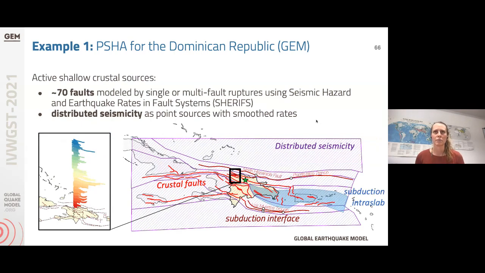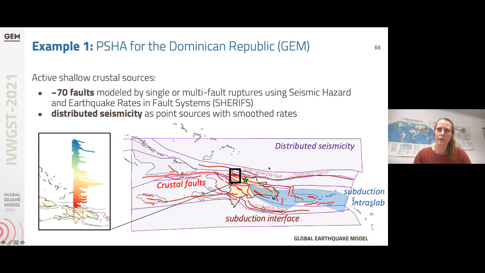To explain a little further what SHERIFS is, I have a figure here on the bottom right that's laying out the source model, and I'll draw your attention to the red lines, which are representing the crustal faults. In a standard methodology, each of these faults would be modeled as a single source, but in the real world, we've noticed that faults can link up together and rupture as multi-fault earthquake ruptures.